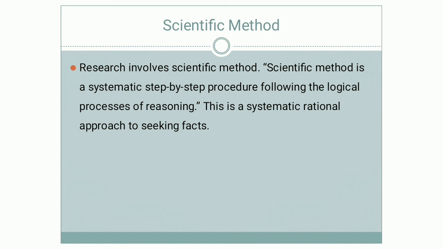Suppose it is not possible to collect data by yourself, then you can appoint certain persons on your behalf to collect the data. After collection of data, analysis should be done. Then for analysis, which statistical tools can be used for a particular question should be decided. Then after doing analysis, finally the conclusion will come. So this is what step by step means.